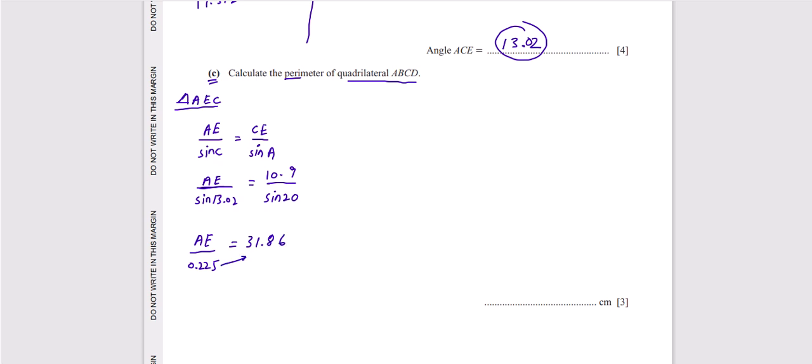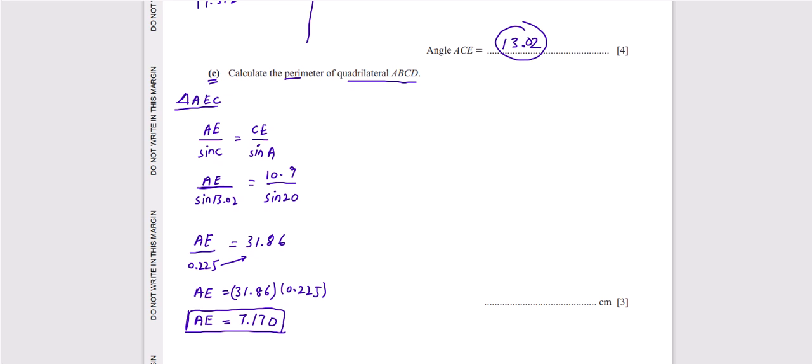Multiply this value on the other side, so AE is equal to 31.87 multiplied by 0.225, so AE is equal to, multiply these values, we get 7.170. This one is AE.